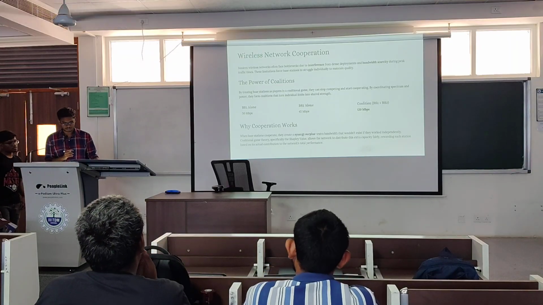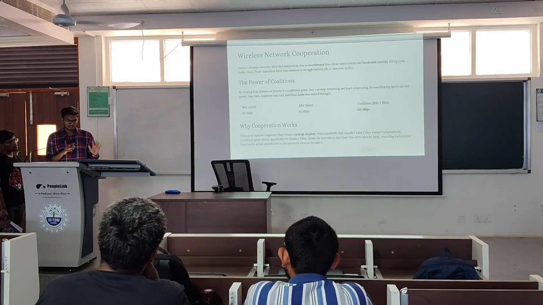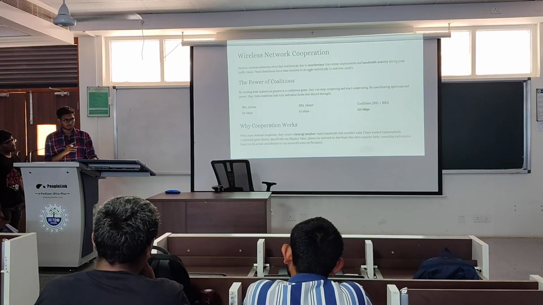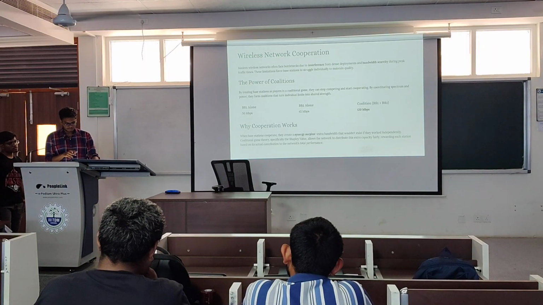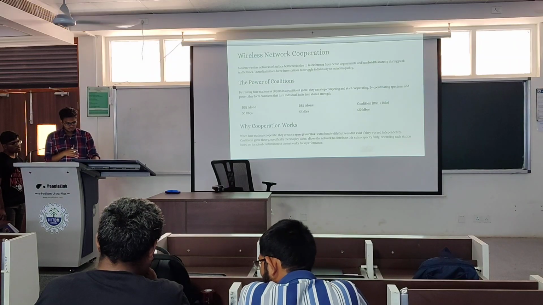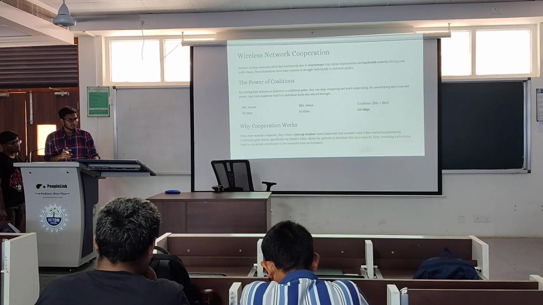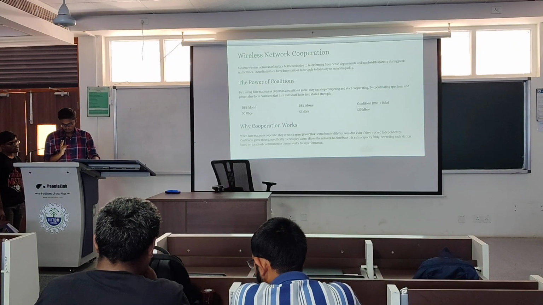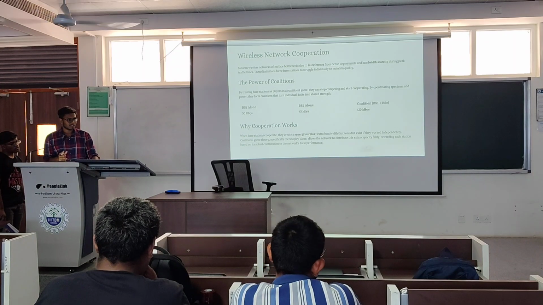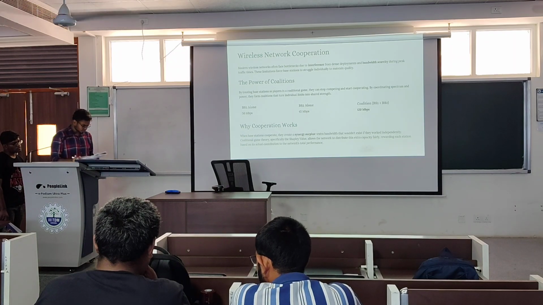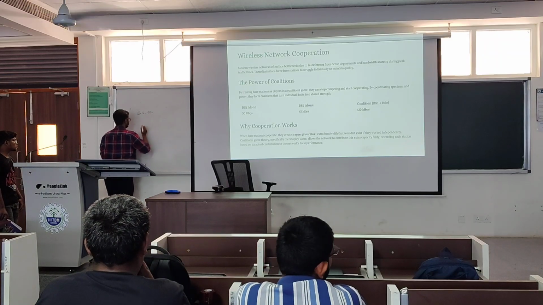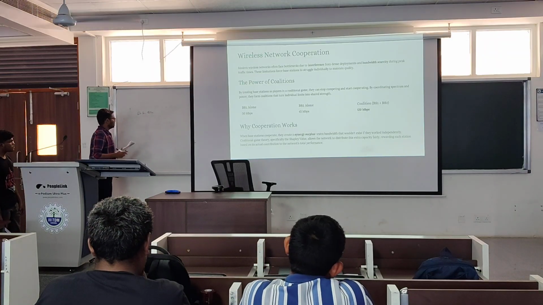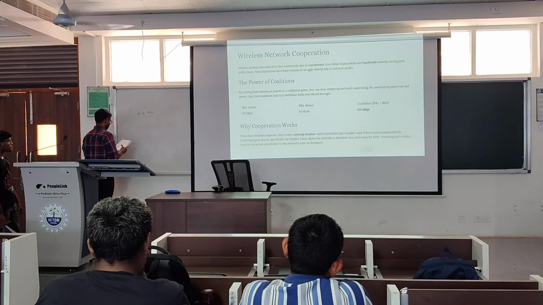To explain it simply, there are two separate networks, BS1 and BS2, and their value functions are given as 50 and 45, and their total cooperative network value function is 120 Mbps. They also share the same bandwidth.